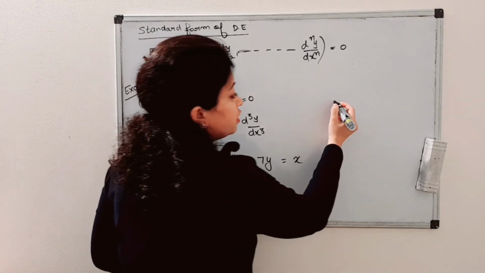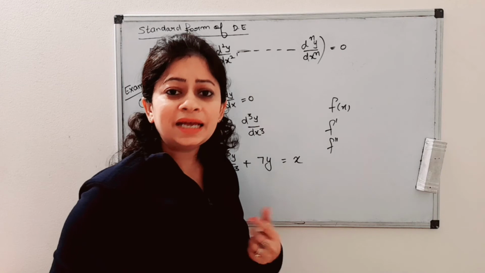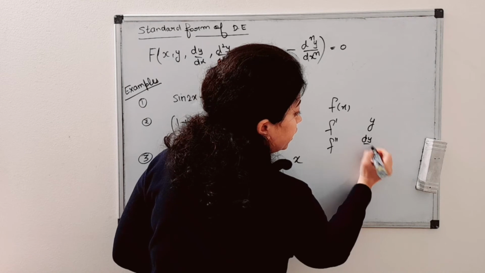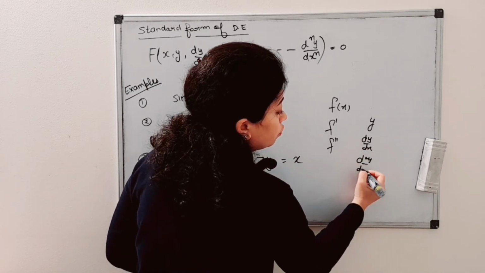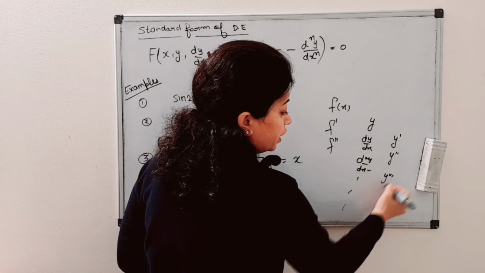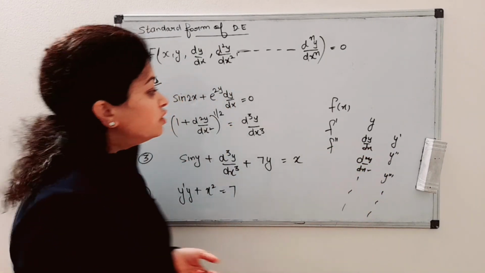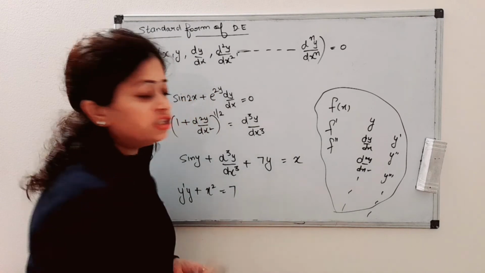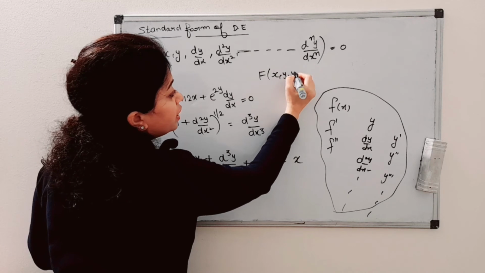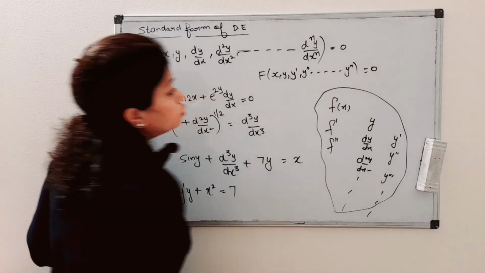So if we have f of x, we can represent f dash x, f double dash x for the second derivative, or if we are representing by y, we can write dy by dx, d2y by dx2 and so on, or we can write y dash, y double dash, y triple dash and so on, depending on which derivative we are using. So we can write the standard form as f of x, y, y dash, y double dash up to y nth equal to 0.